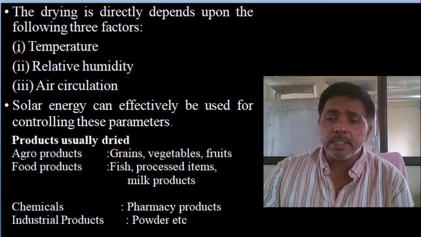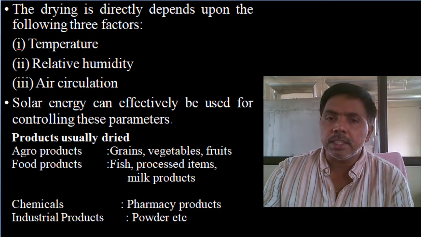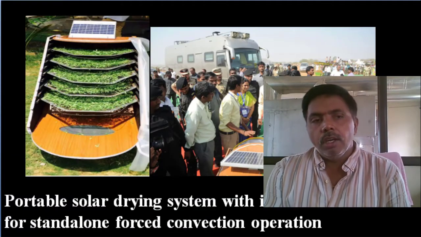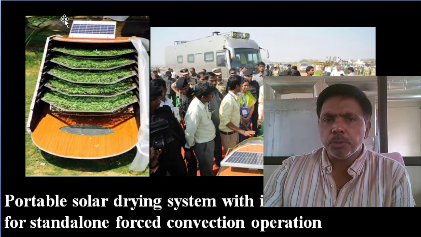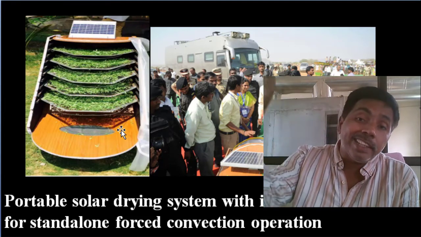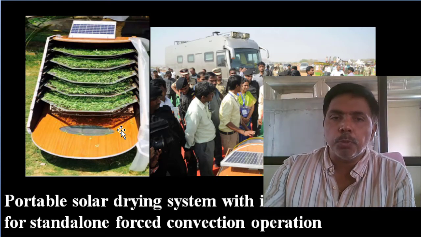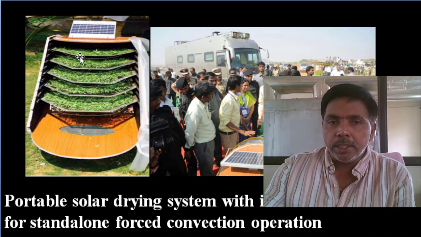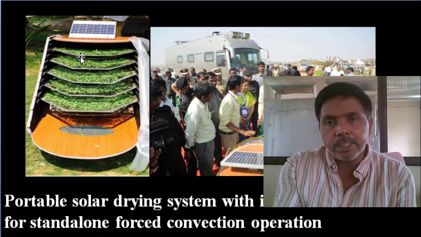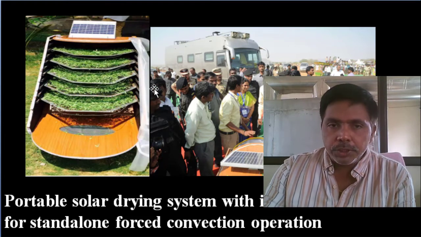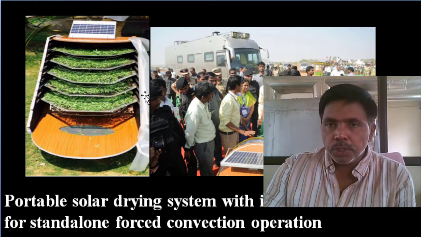So we will discuss different dryers and their technique and application. This dryer was developed in our institute, RGM, for targeted customers. Suppose for household utility, you can see this portable dryer. I already mentioned relative humidity, air circulation, and temperature. We place a UV-protected sheet upon the dryer, so we can filter the UV rays.